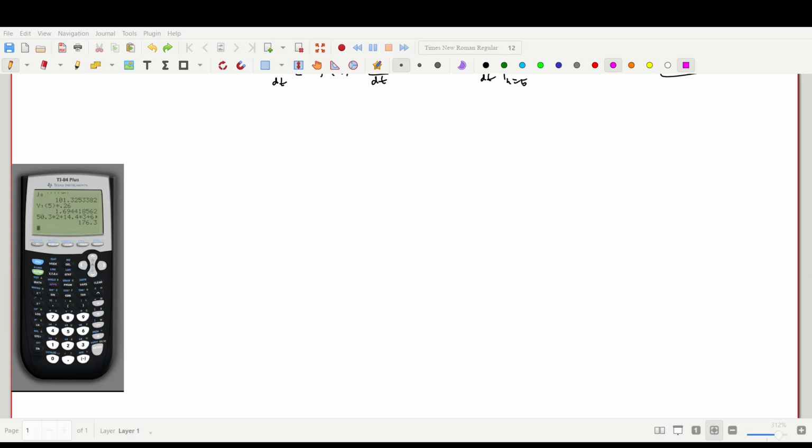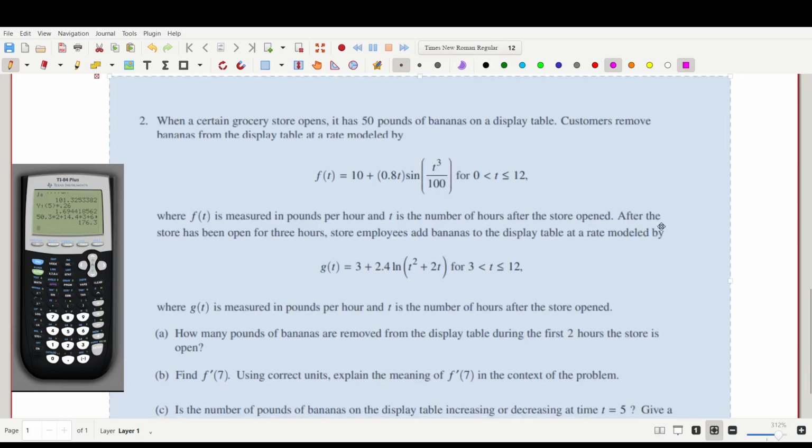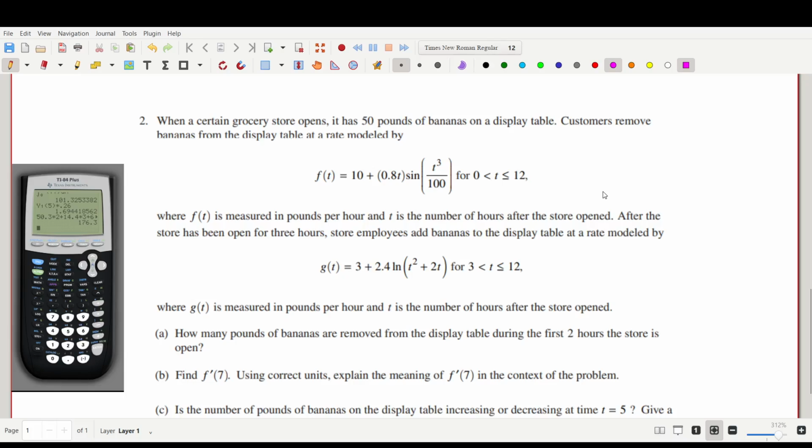Question number 2. I'll pull it up in a second. When a certain grocery store opens, it has 50 pounds of bananas on a display table. Customers remove bananas from the display table at a rate modeled by this function. So I'm going to dump things in my calculator right now.